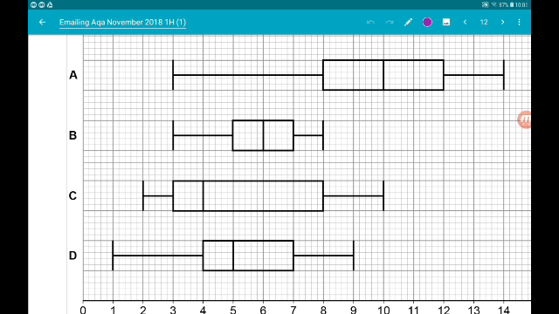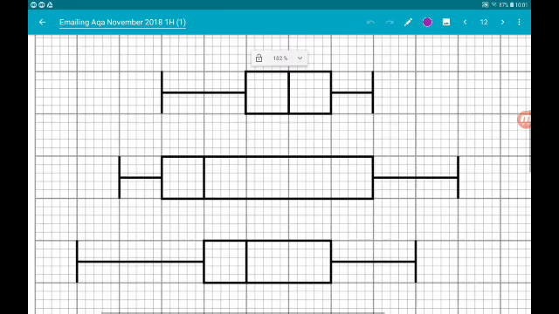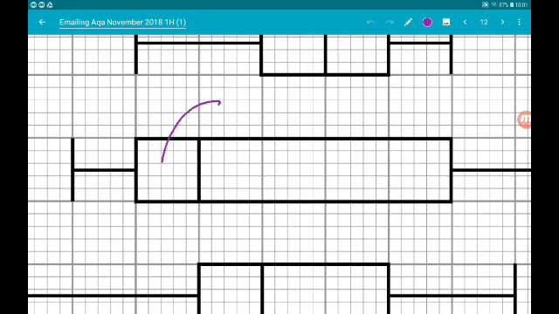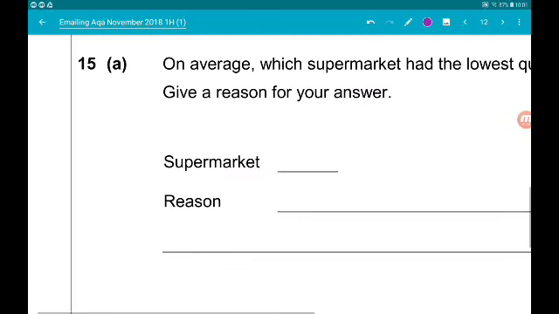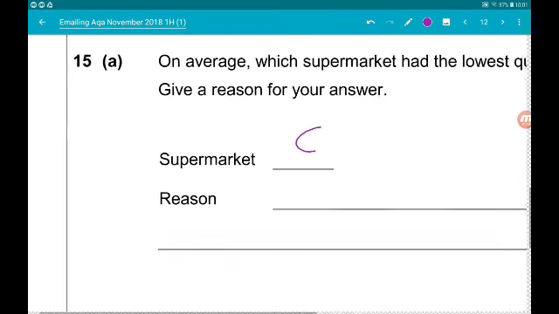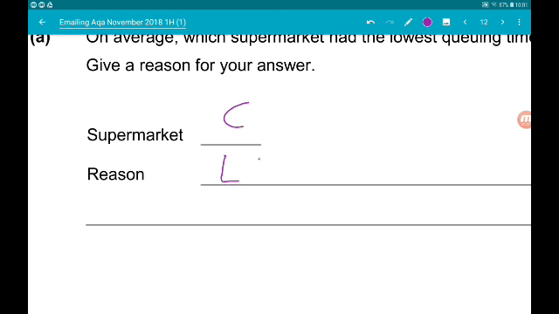Well, not in the middle, but inside of the box. So we can see here, C had the lowest median. So it's C, and the reason is that it has the lowest median. Cool.